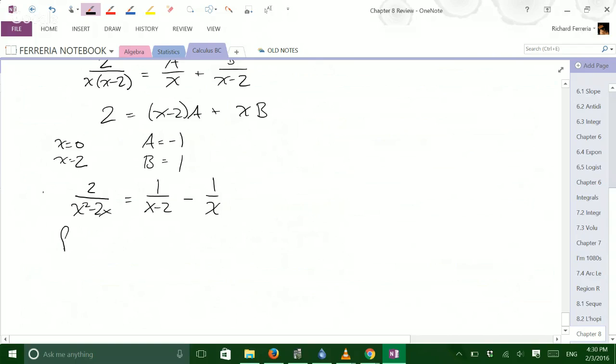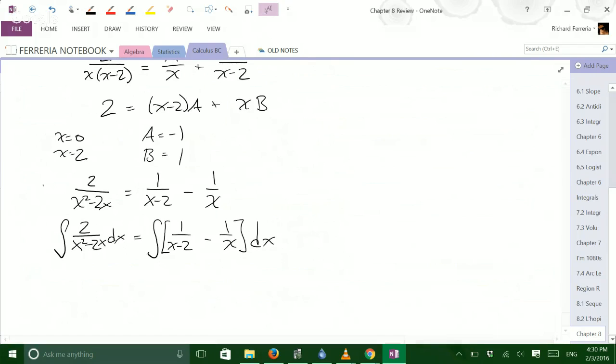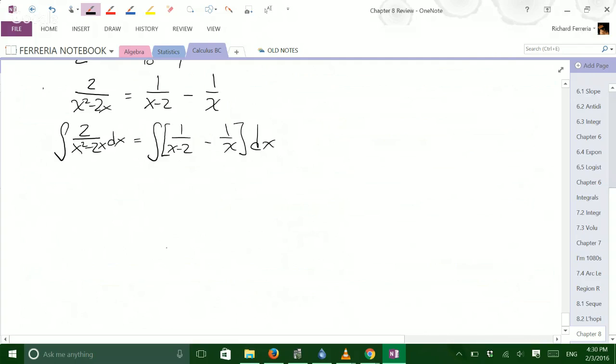That means the antiderivative of 2 over x squared minus 2x dx is equal to the antiderivative of 1 over x minus 2 minus 1 over x. So what is that?